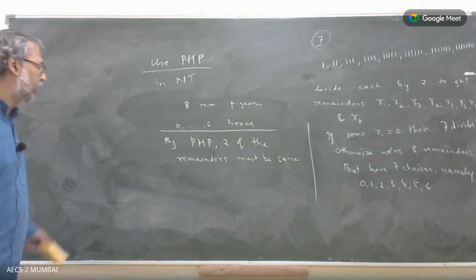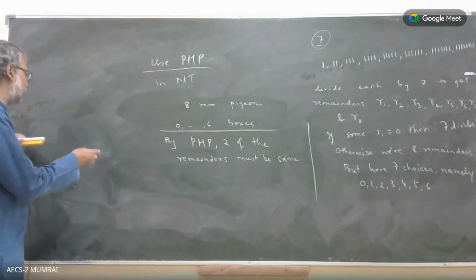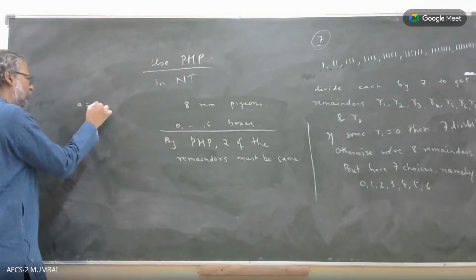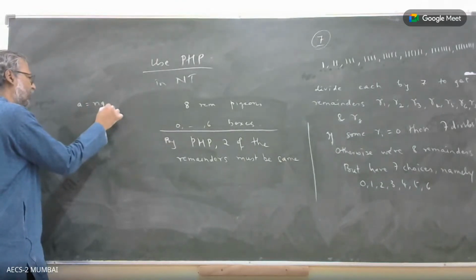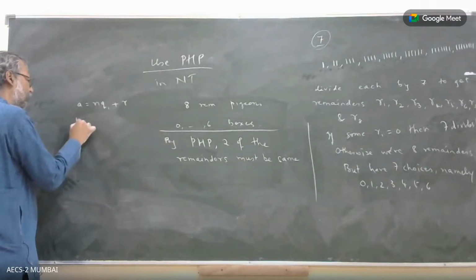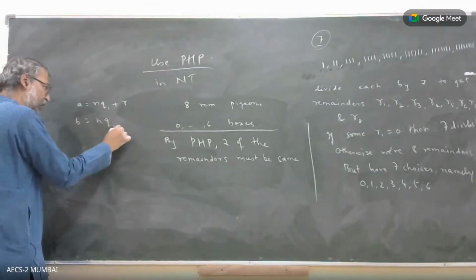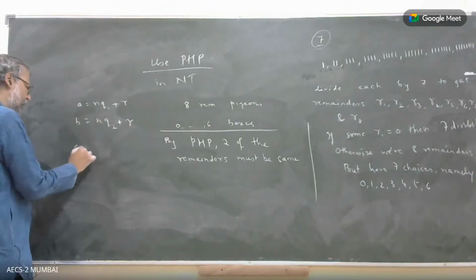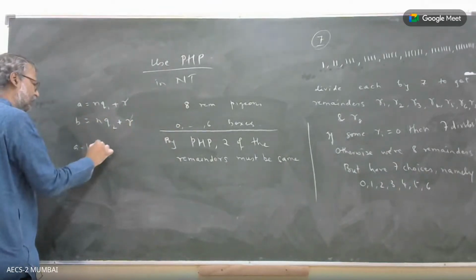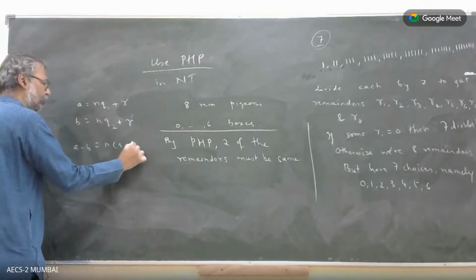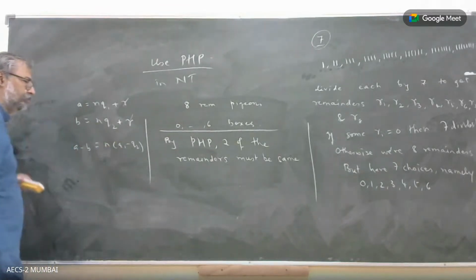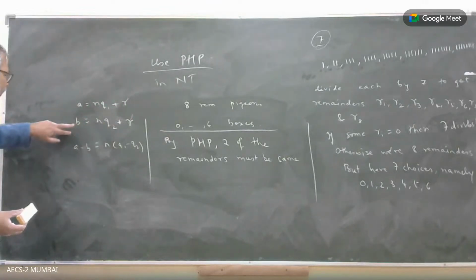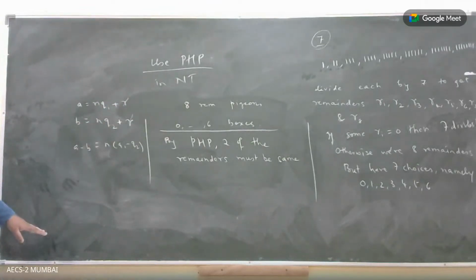Okay, yeah. But if 2 numbers give the same remainder, if A is equal to, for example, n times some quotient plus remainder R, and B is n times some quotient plus the same remainder R. What can I say? If I subtract A minus B, R cancels, n times Q1 minus Q2, right? So if numbers give the same remainder, the difference is divisible by n.